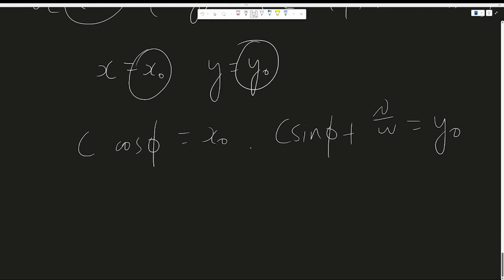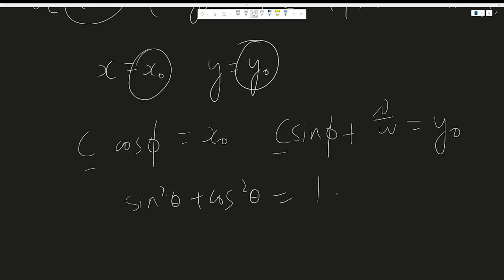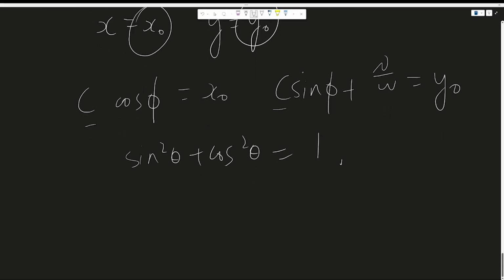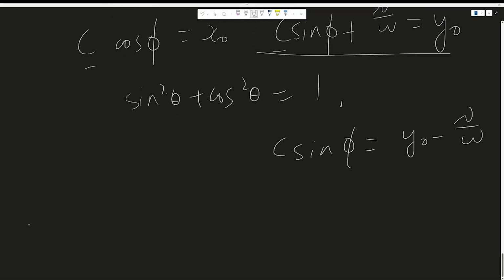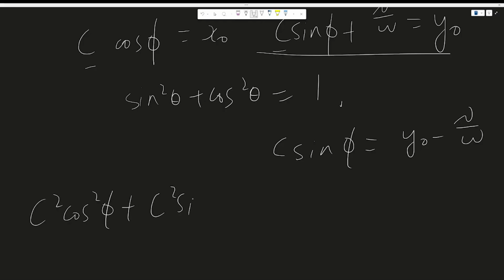And then what can we do? Well, let's try to find c first, because we can utilize the identity sine squared theta plus cosine squared theta equals 1. So let's rearrange this first. c sine phi is just y naught minus v over omega. Then let's square both equations and add them. So we have c squared cosine squared phi plus c squared sine squared phi equals x naught squared plus y naught minus v over omega, whole thing squared.